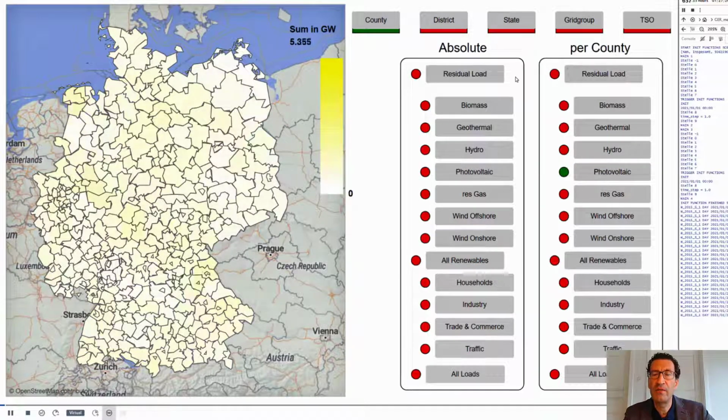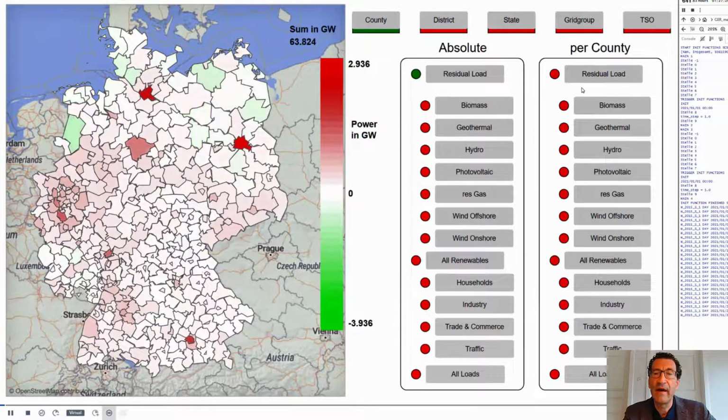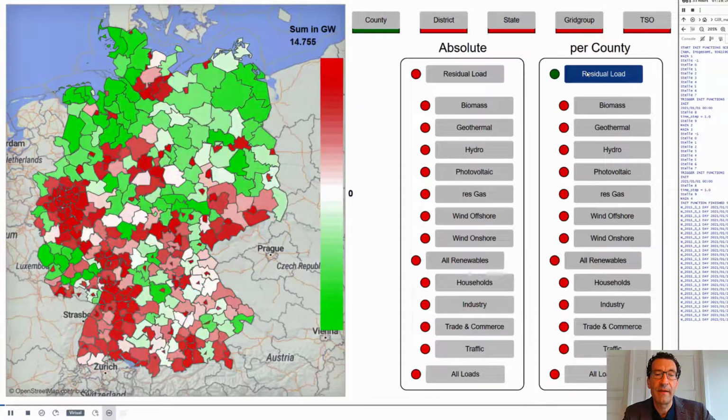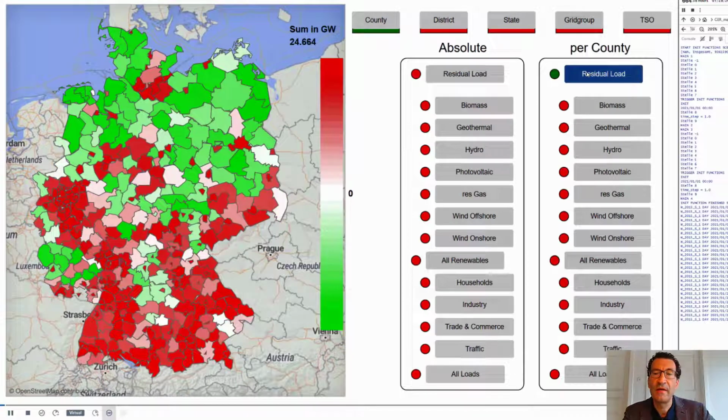And then you can switch between different presentation modes for different scaling, and you can also look at the residual load, for instance, that is demand minus renewable generation in each county. And you can also just look at photovoltaic generation and so on.